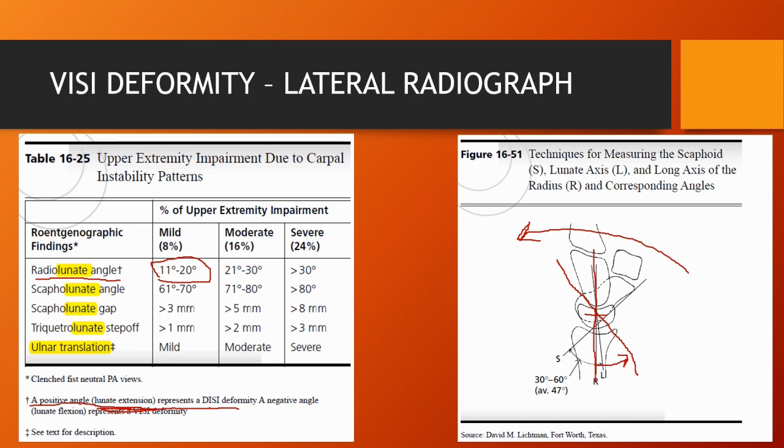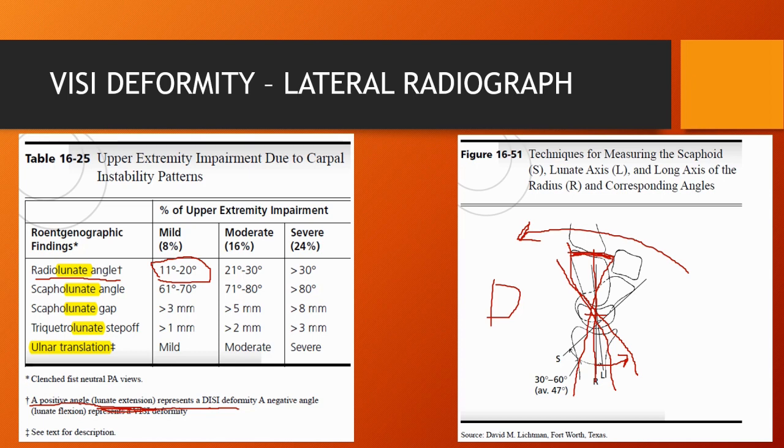Remember that the normal range of values for the radiolunate angle is from positive 10 degrees to as many as negative 10 degrees. So from here to here is considered a normal anatomic positioning of the lunate bone. With a dorsal or extension subluxation of the lunate bone, we have a DISI deformity in this direction.